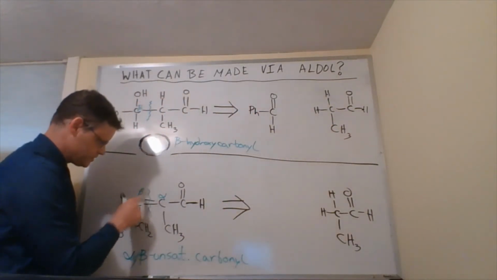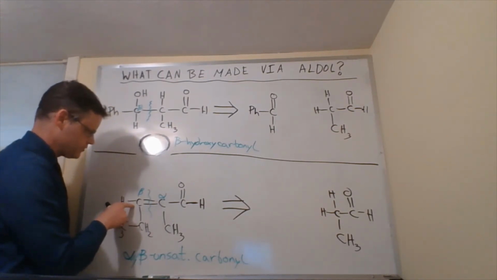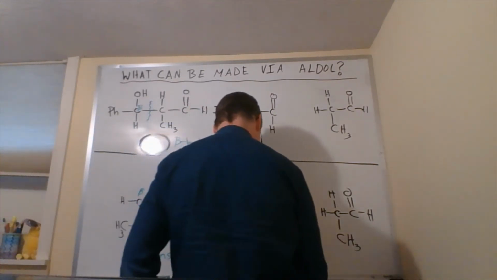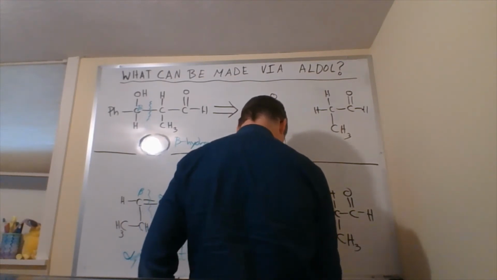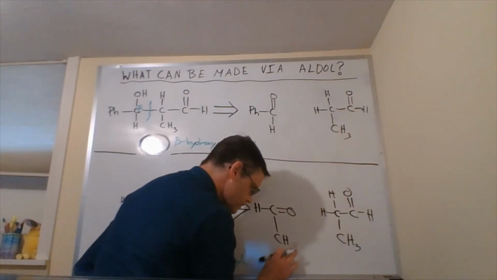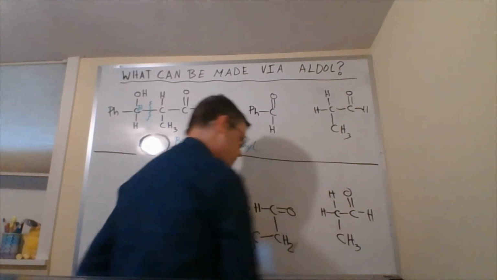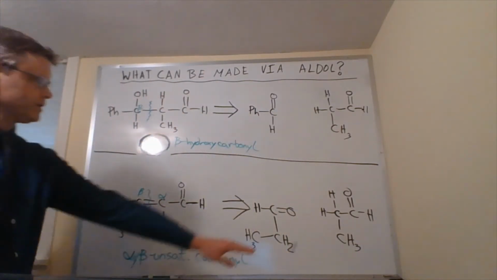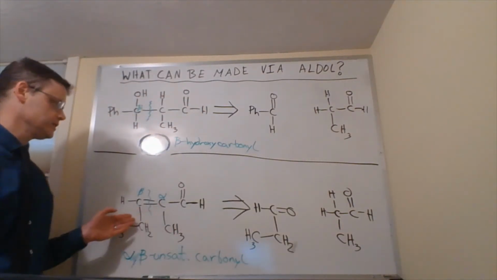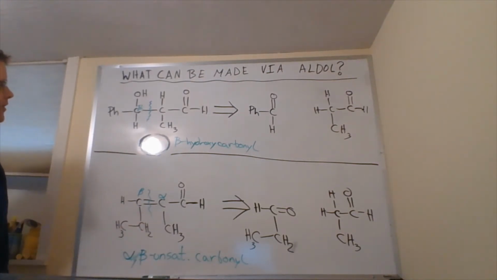And then the other half, which does not have any oxygen atoms here, is going to be the one that was the electrophile. So we're going to basically replace this whole half with an oxygen atom. Let me erase that. Okay, and so you can see here we have two molecules of propionaldehyde that we reacted with each other to form this alpha, beta unsaturated carbonyl.